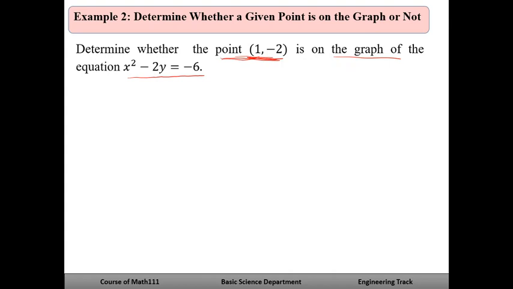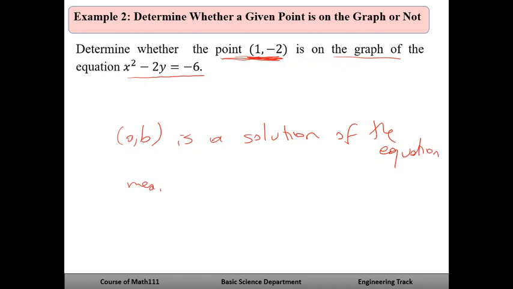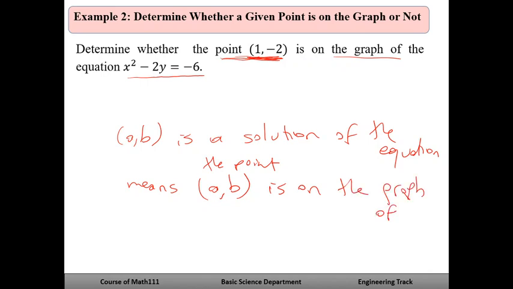How can you check? By using the analytic geometry principle. The point (a, b) is a solution of the equation means the point (a, b) is on the graph of the equation.